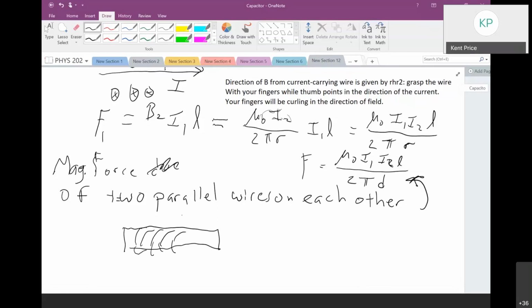Having a lot of loops of wire wrapped around something, or even if they're not wrapped around, just a bunch of circular coils of wire all together like that, that's called a solenoid. You've probably heard that word before, even if you didn't know what it is. Well, now you know what it is, at least from a physics point of view.